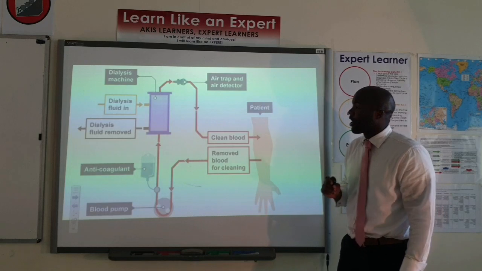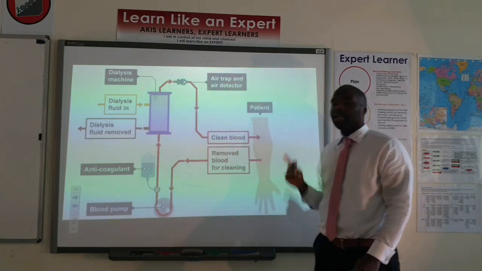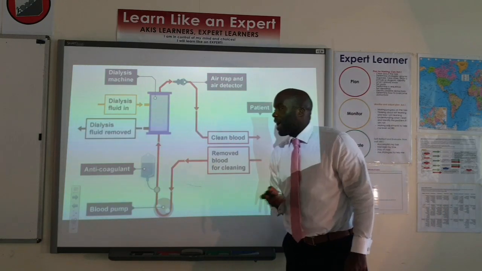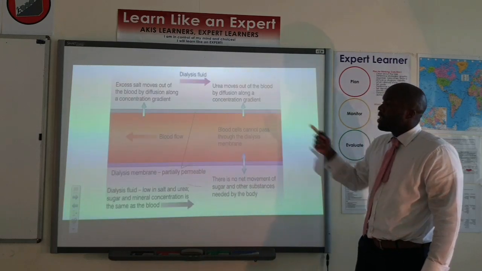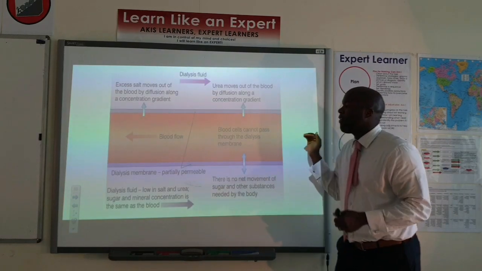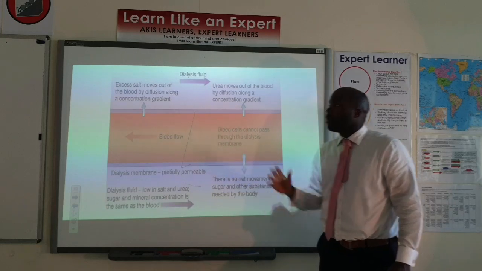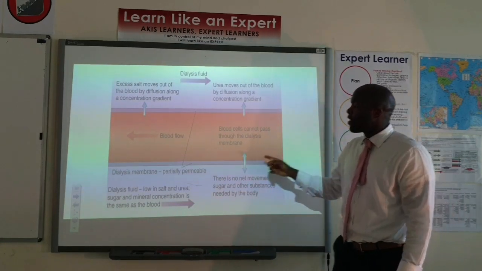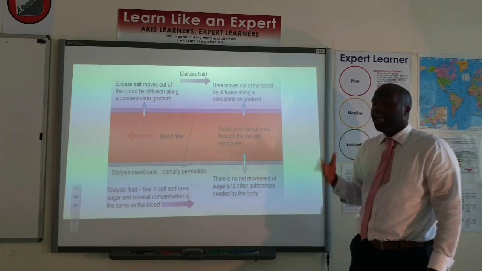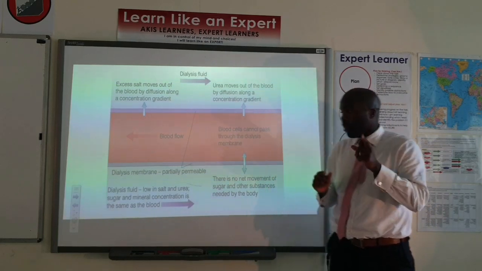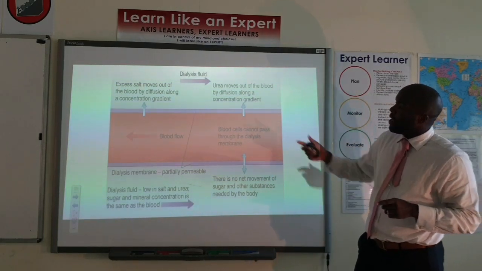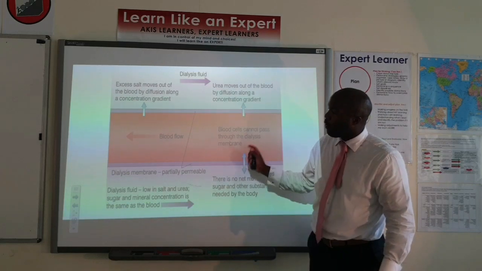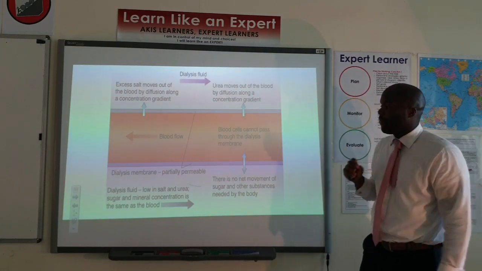Let's look specifically at what happens when the blood is being filtered in the dialysis machine. Blood will be flowing through the machine. You have this partially permeable membrane. It lets some things through and some things not, and that's an advantage. Now, on this side of the blood, you have dialysis fluid.